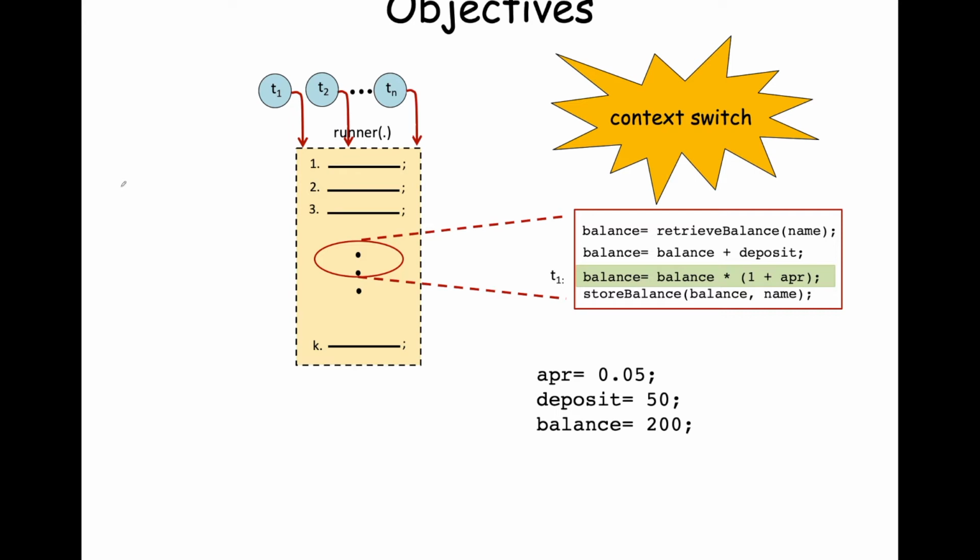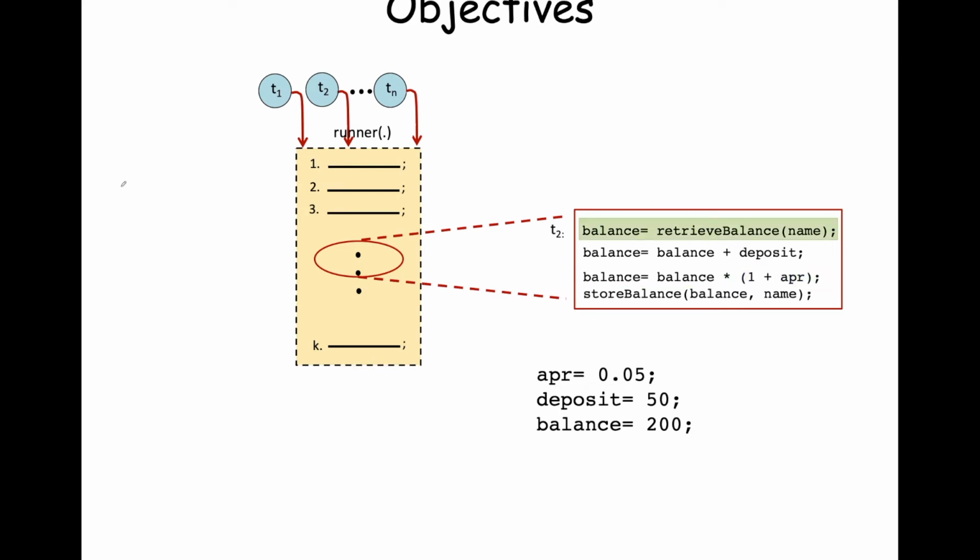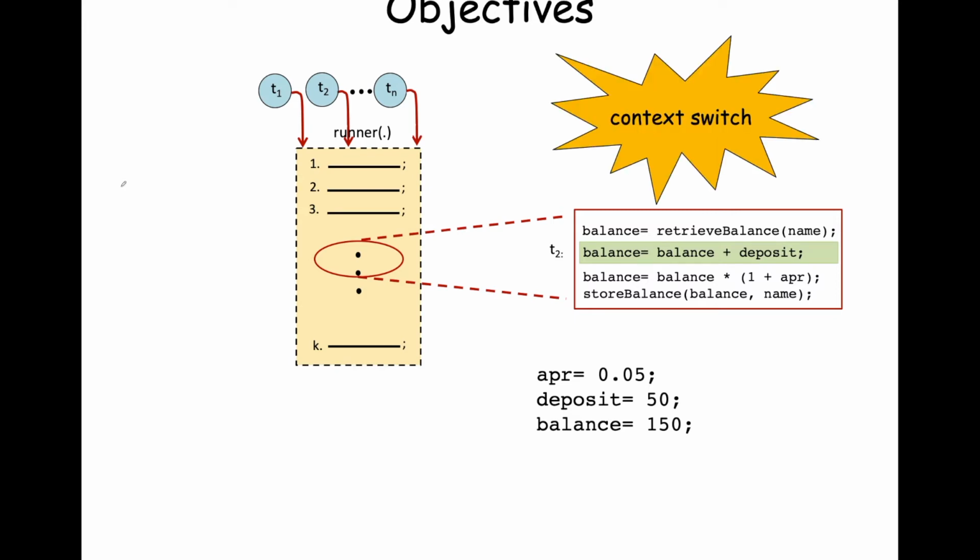And mind you, threads share the same data in the same process. So thread T2 starts executing. First thing it does is retrieve the balance. It's $150. It then goes to add the deposit, and before it can do that, it encounters a context switch.